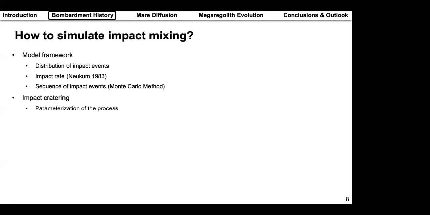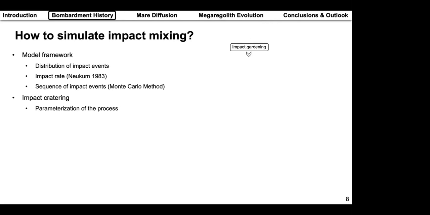So how does this model work? For this Monte Carlo model, the very first important thing is to get the list of impact cratering events. For this list, the two most important things are the age of these impact cratering events and the size of these impact events.